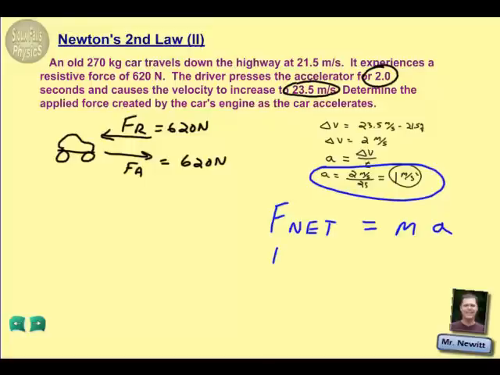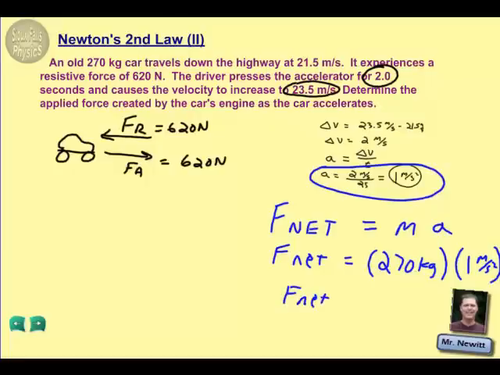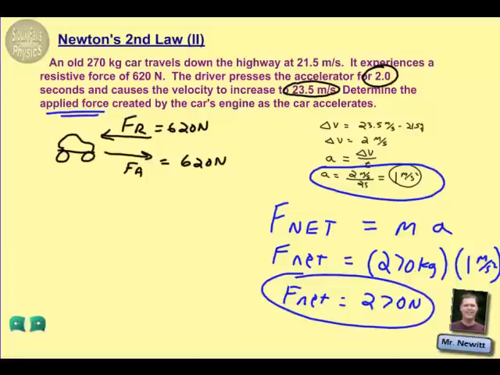So F net is equal to the mass of the car, which was 270 kilograms, multiplied by that acceleration of 1 meter per second squared, giving us a net force on the car of 270 newtons. Now keep in mind that's the net force acting on the car. That is not answering the question, which is what is the applied force created by the car's engine.